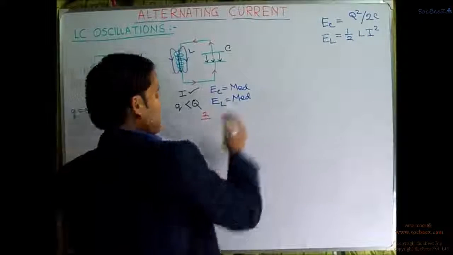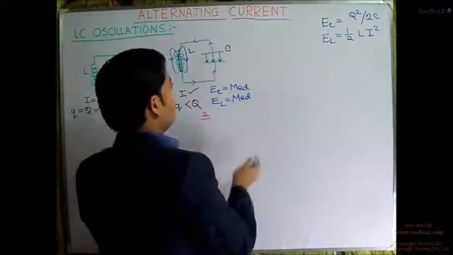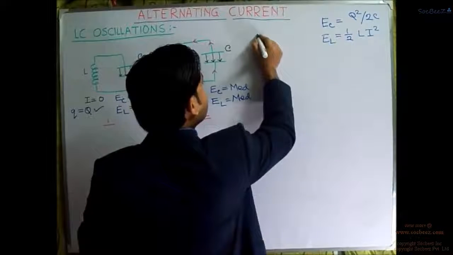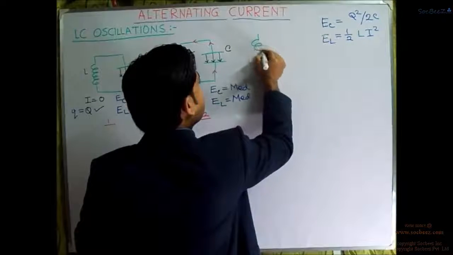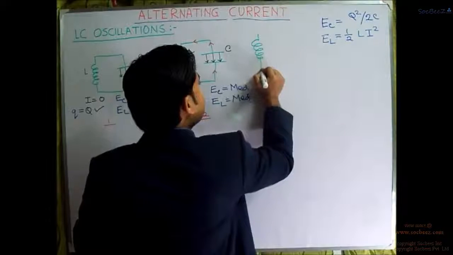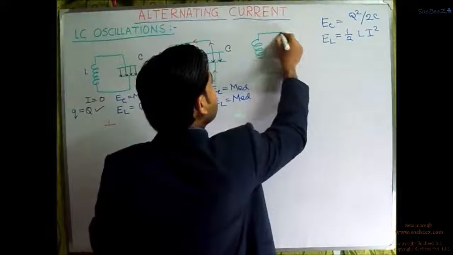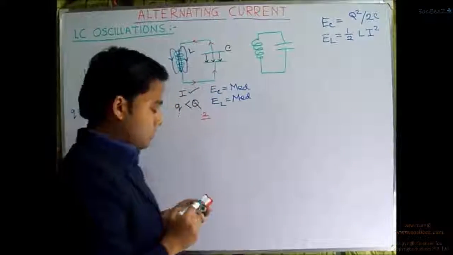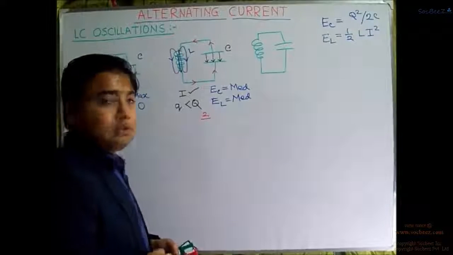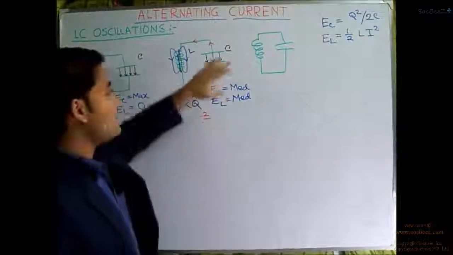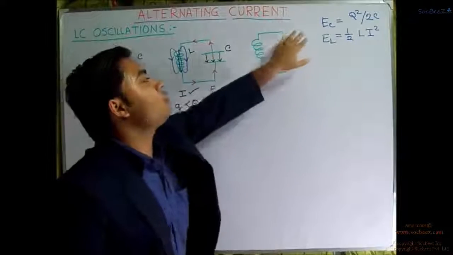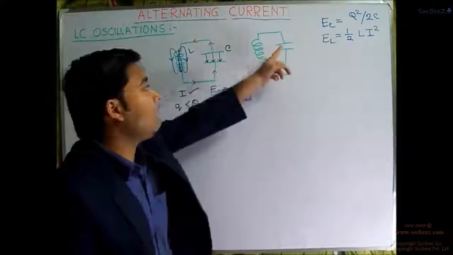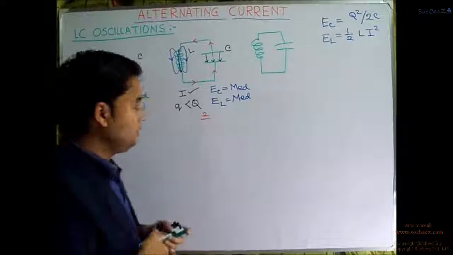The third case shall be like this. This is the inductor, and the capacitor is connected to it. Now the discharge of this Q has been exhausted and there is no Q present over here right now. So there will be no arrow, right?